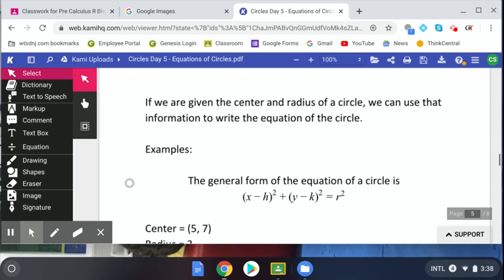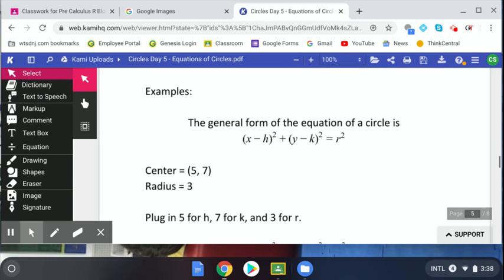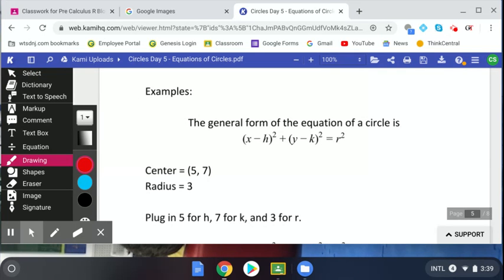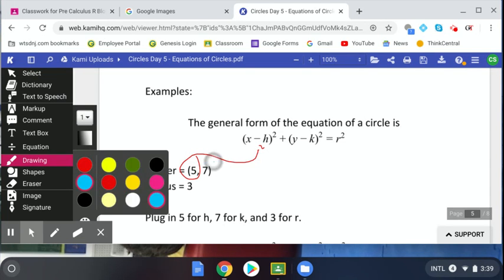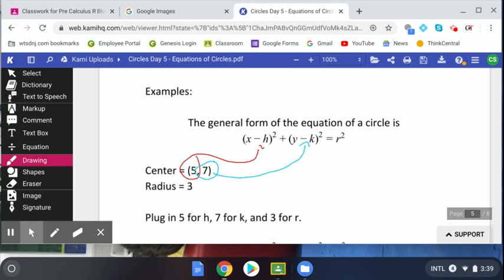So if we are given the center and the radius of a circle, we can use that information to write the equation of the circle. So the general form for the equation of the circle is this. If the center is at 5, 7, what you need to do is substitute 5 for h and substitute 7 for k. And then you need to square the radius.